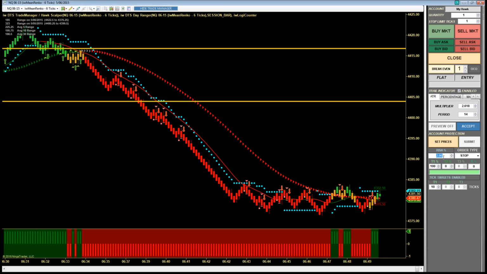Now, Walter, with a small account, you're going to end up risking more than the average trader. But as a rule of thumb, you don't want to risk more than 5% of your trading capital. Ideally, 2% is the ideal.